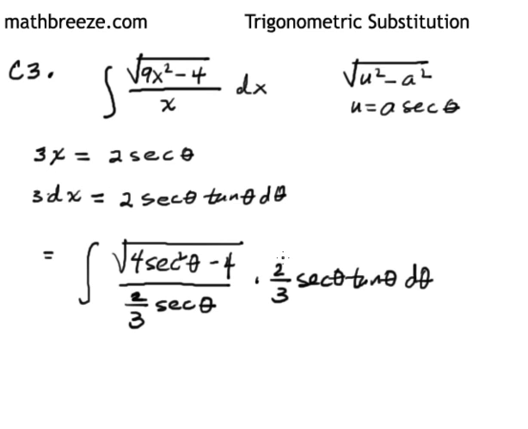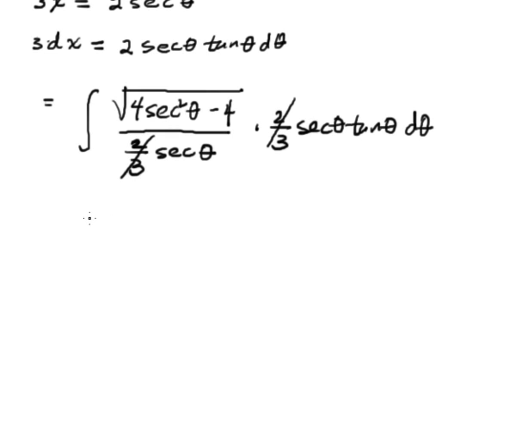All right, so this 2/3 cancels with this 2/3. This radical simplifies. I think we'll do part of it in our head. This is 4 times (secant squared theta minus 1), and secant squared theta minus 1 is tan squared theta. So what we have is 4 tan squared theta underneath the square root. So this is the square root of 4 tan squared theta, which simplifies to 2 tan theta.